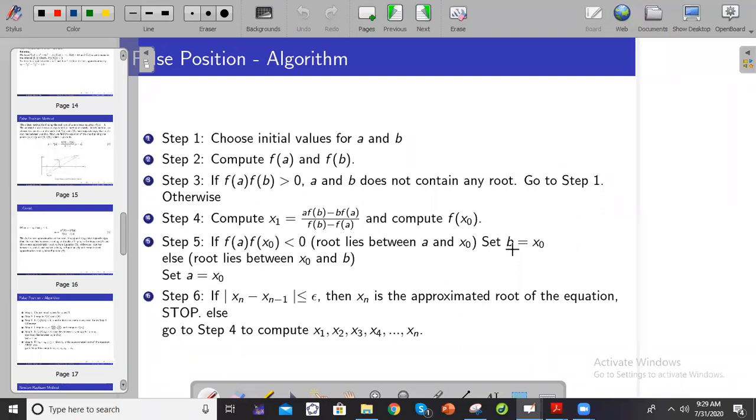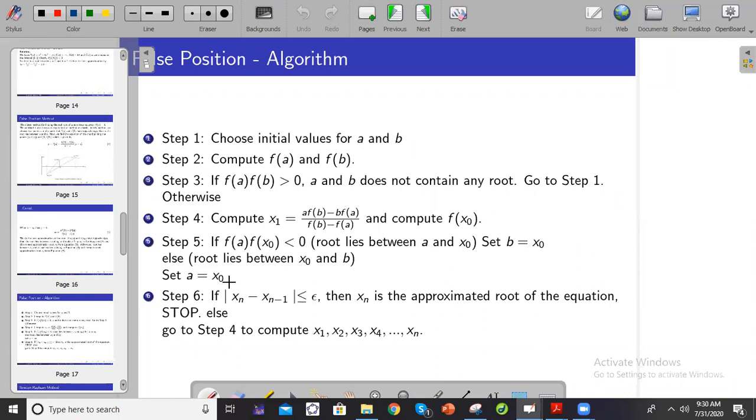We set b equals x naught and we follow the above formula. If not, else the root lies between x naught and b. Set a equals x naught and we follow for the next approximate root x1. Okay, x1 equals a times f(b) minus b times f(a) over f(b) minus f(a).